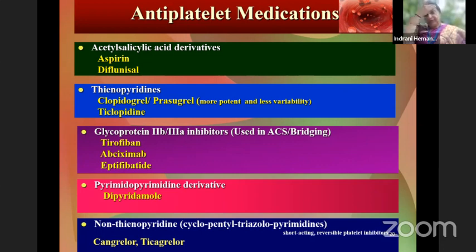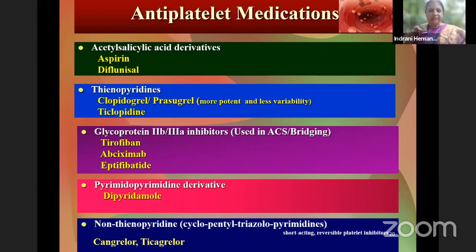Then we have the glycoprotein 2B3A inhibitors, tirofiban, abciximab, and eptifibatide. Remember, these are the drugs which are used for bridging when the patient is taken on an emergency basis and the patient is still within the vulnerable period between the stent placement and the non-cardiac surgery.